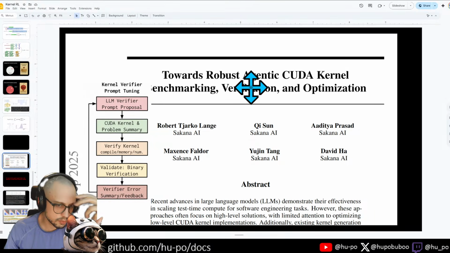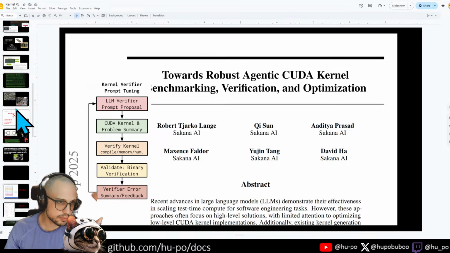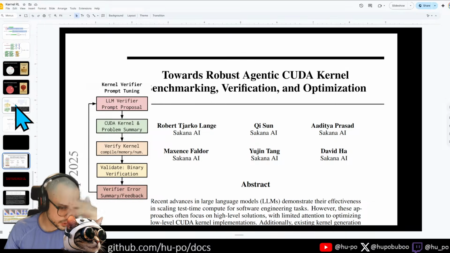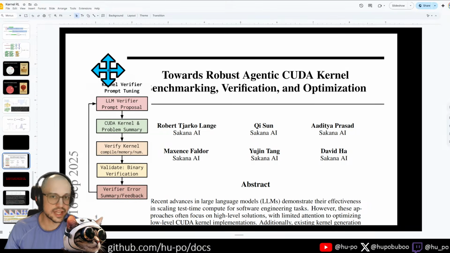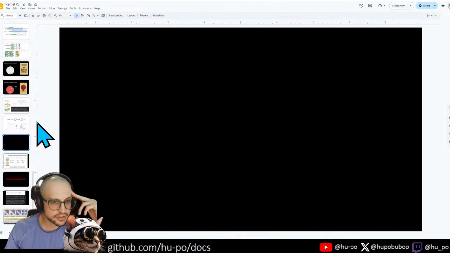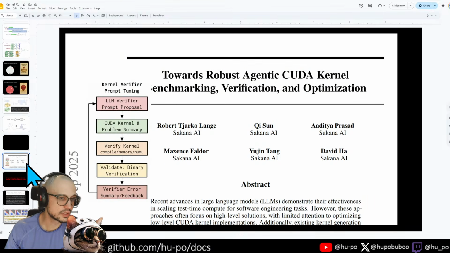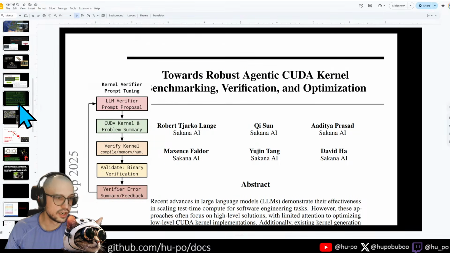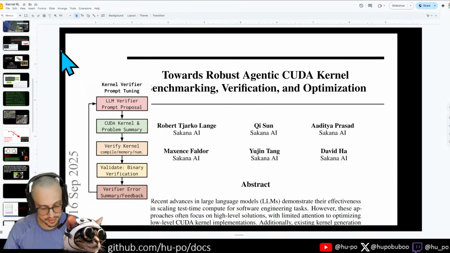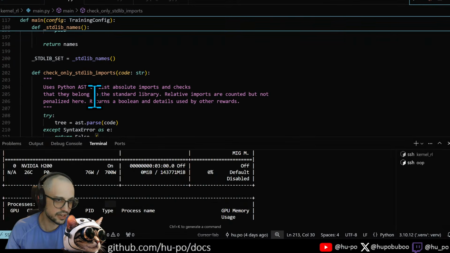So a completely different approach to solving this kernel optimization is using a more agentic framework, where you have agents that go out and explore the space of possible kernels, and then you filter those down into some kind of data set, and then you use that to either improve the model and push gradients into it, or improve the prompt, right? That's another thing that this doesn't even think about.